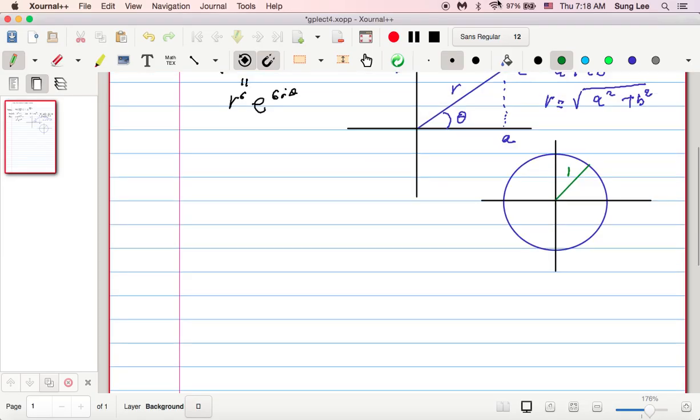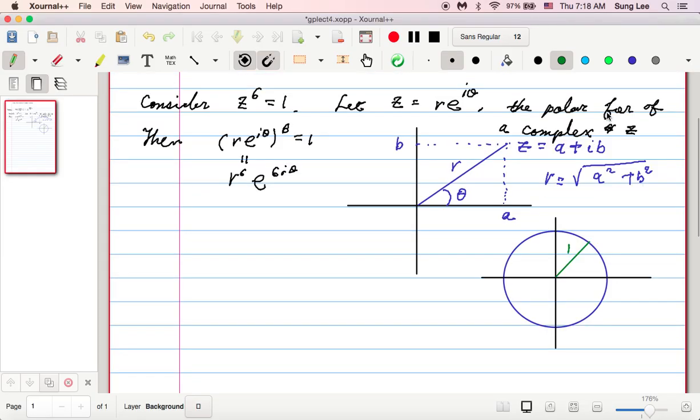It can be shown that a plus i b is also identified with the ordered pair.